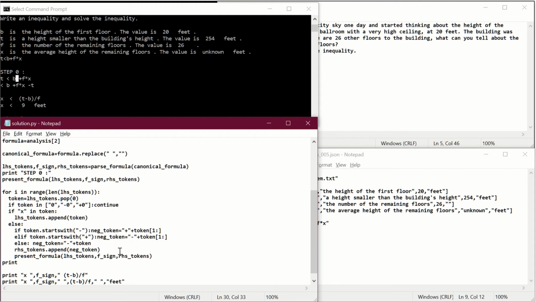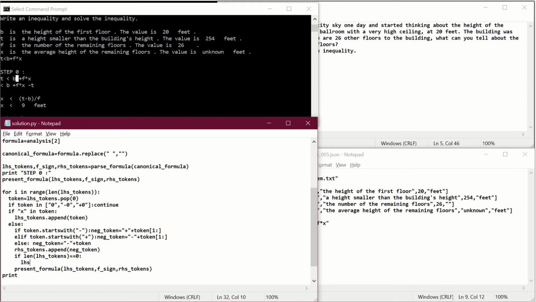Now, when I change the formula and I'm presenting it to the user in the new form, I should check if left hand side tokens is empty. So right hand side tokens cannot be empty because I didn't take anything out from it. I didn't change it. So I will say if len of LHS tokens equals 0, and I will indent here with two spaces.